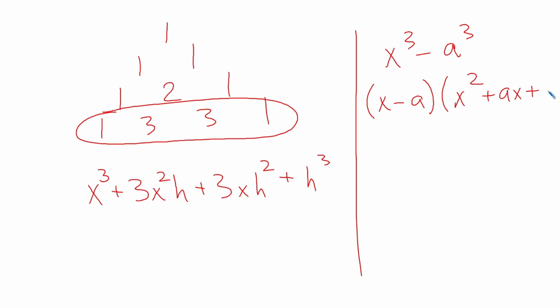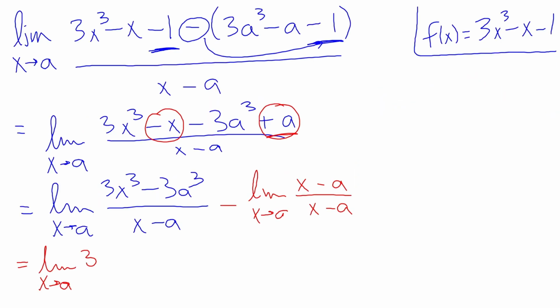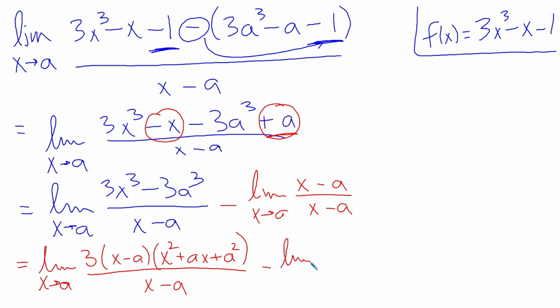And that's how a difference of cubes factors. So we'll make sure that we turn that into exactly that, x minus a, x squared plus ax plus a squared, all over x minus a, and then minus a limit as x approaches a of 1.